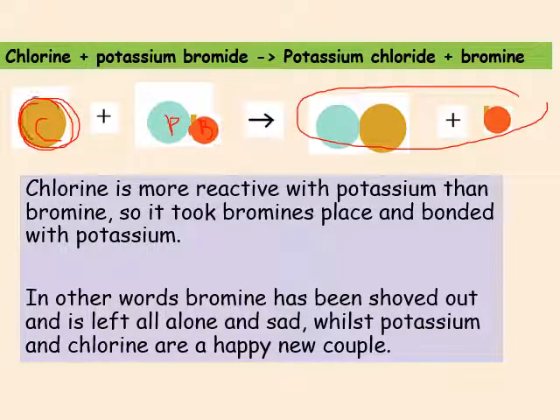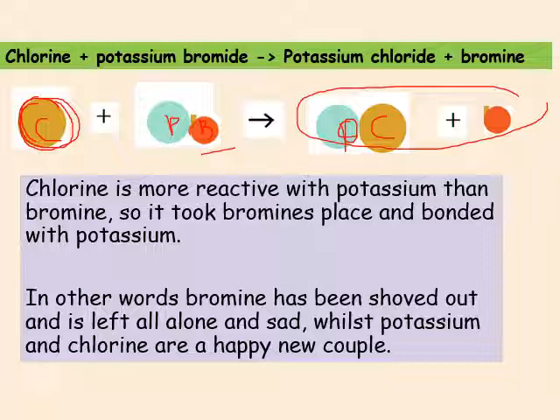it's more reactive than bromine. It's basically going to boot the bromine out. It's going to take that potassium for itself. So what happens is, as they react, chlorine bonds, oh, sorry, this is potassium. Chlorine bonds with potassium and displaces the bromine.